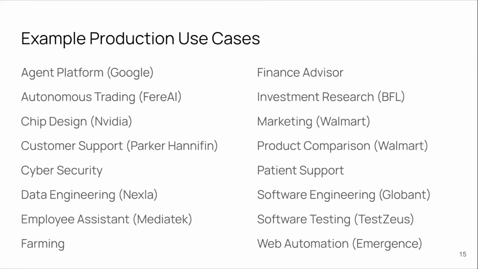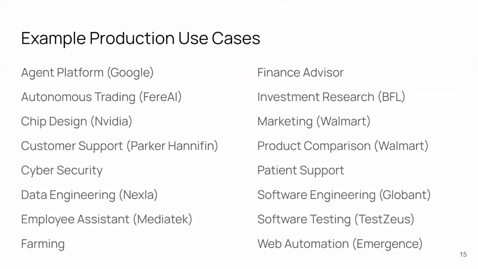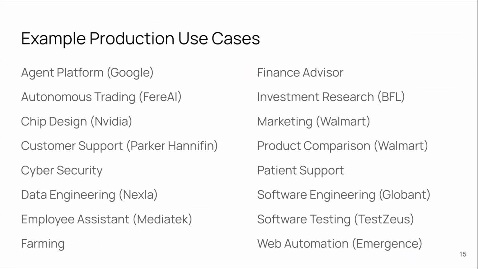Here's a very small selection of example production use cases. We can see that they span across many different domains, from agent platforms, autonomous trading, chip design, to many other cases like marketing, finance advising, patient healthcare, software engineering, web automation, and so on.